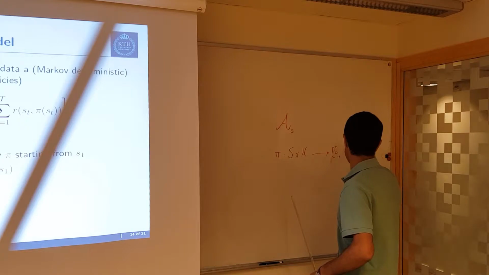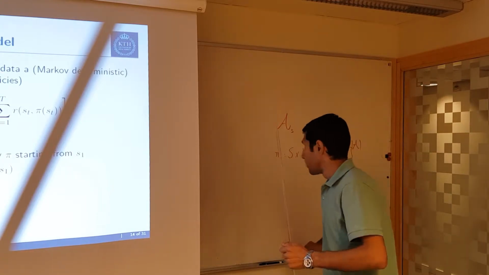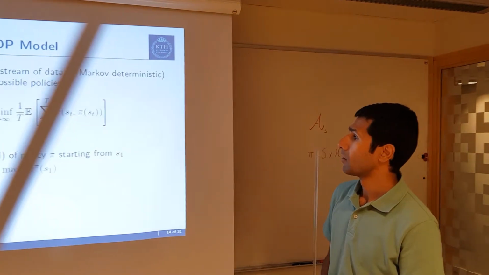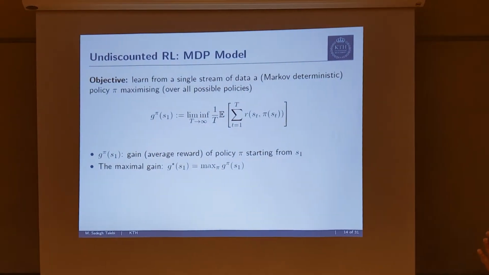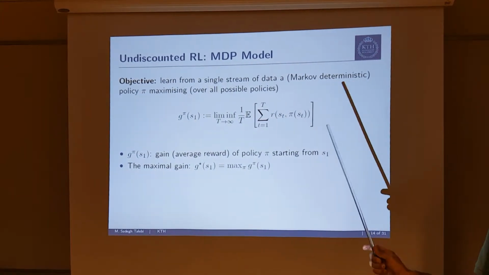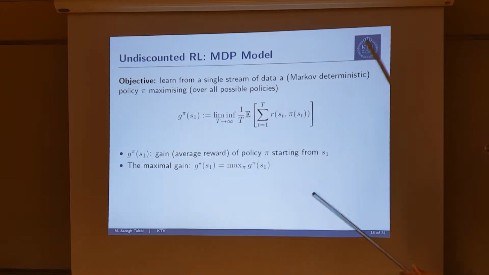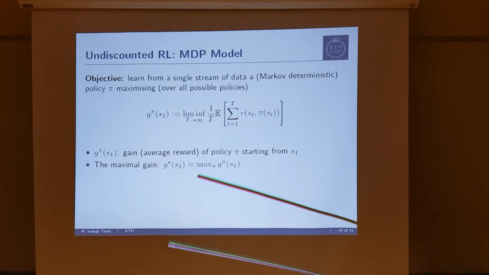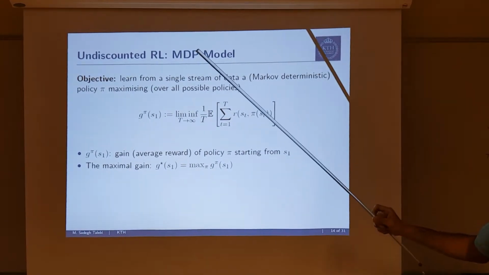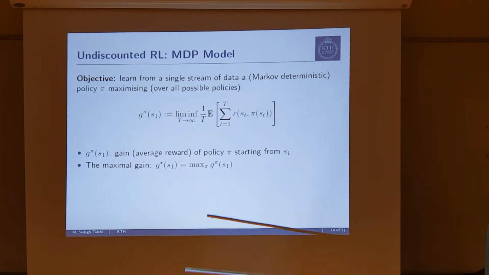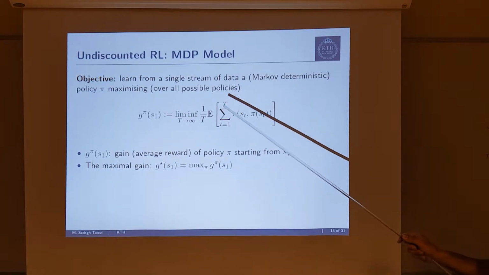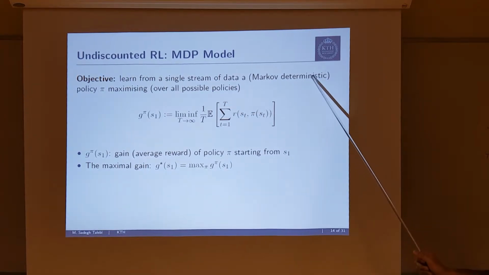But what is the infimum over? One moment. Is the expectation over the reward? Yes, let me present all the ingredients here. For the moment, forget about the infimum. For the moment, we only consider Markov deterministic policies.